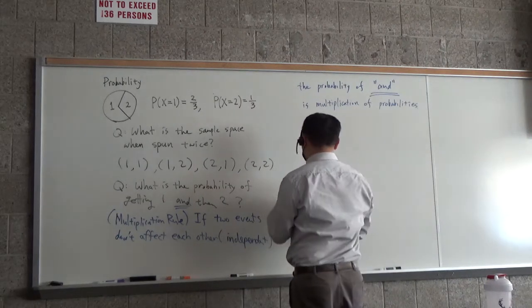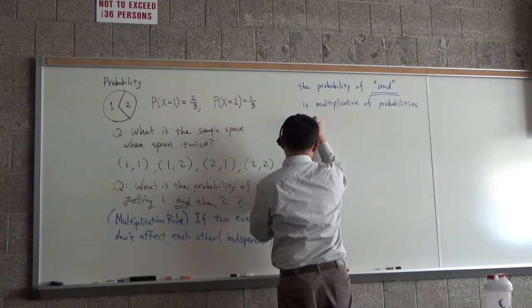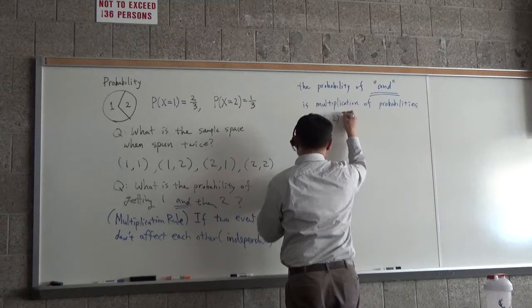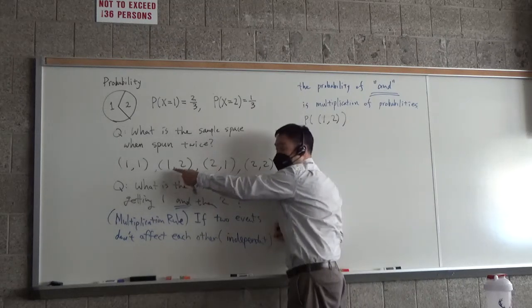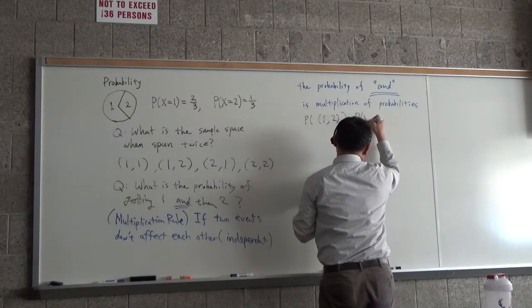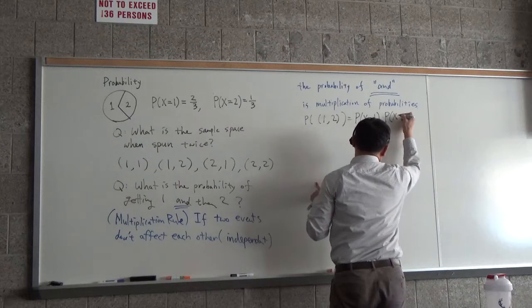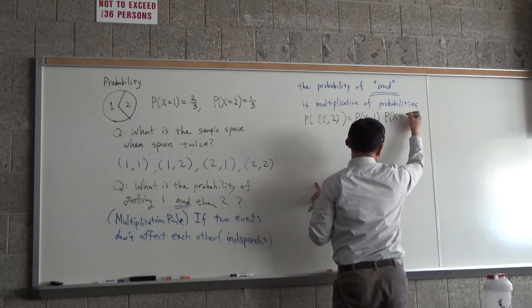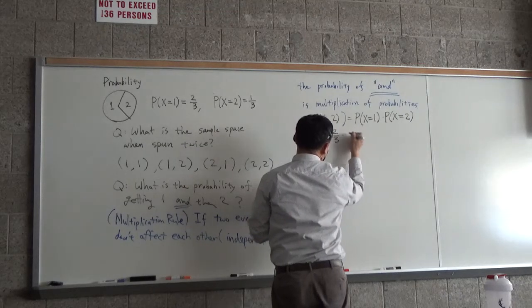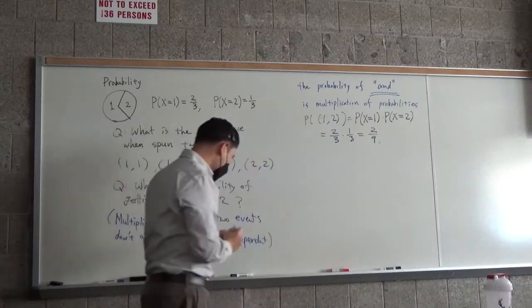Okay? And so the answer to that would be the probability of getting a 1 and then a 2 in this probability space: probability of getting a 1 in the first one times probability of getting a 2 in the second one, which is 2/3 times 1/3, which is 2/9.